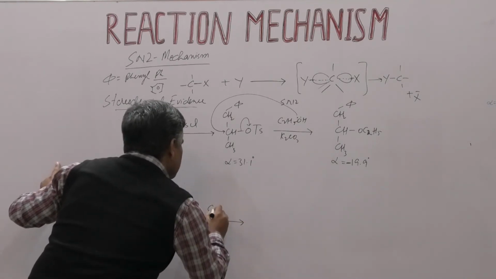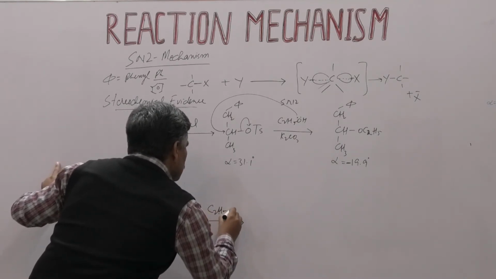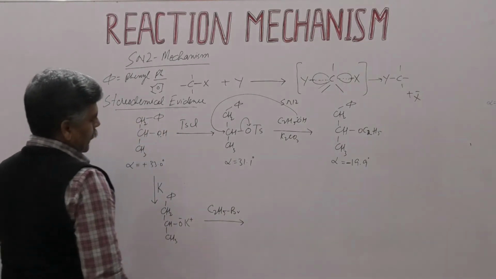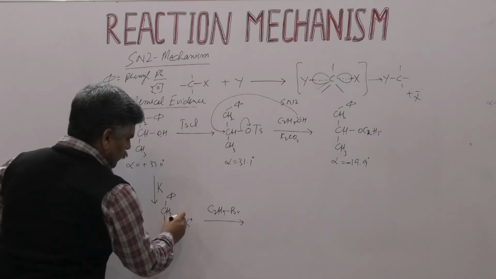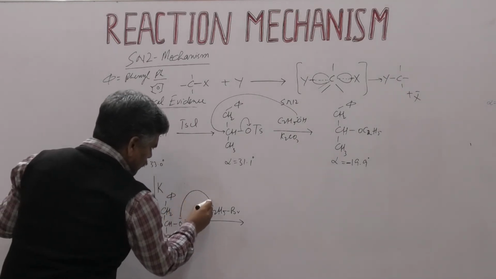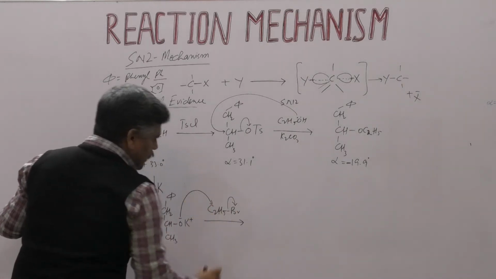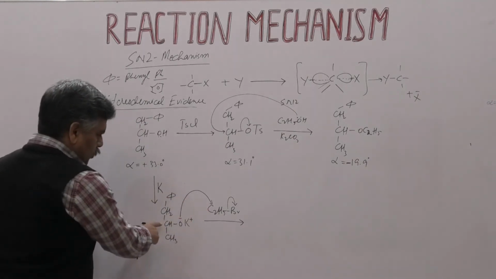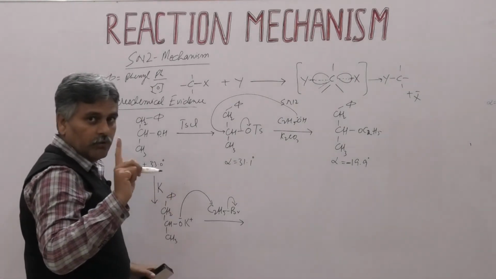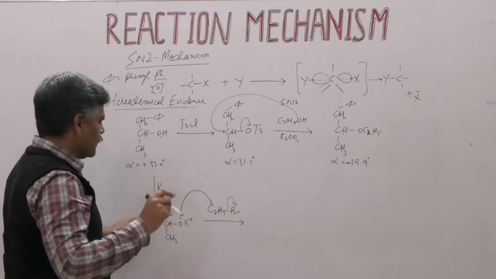When it reacts with C2H5Br, in this case this oxygen acts as a nucleophile and it attacks at this carbon, and Br is removed. Again you observe that your chiral carbon is intact. Okay, so here the nucleophile does not attack and replace any group.